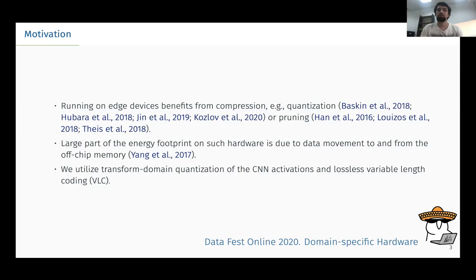Both show improvement over full precision networks. However, a large part of the energy footprint of edge hardware is due to data movement to and from off-chip memory, RAM. And in those papers, we utilize transform domain quantization of the activations and lossless variable length coding, which I'll talk about later.